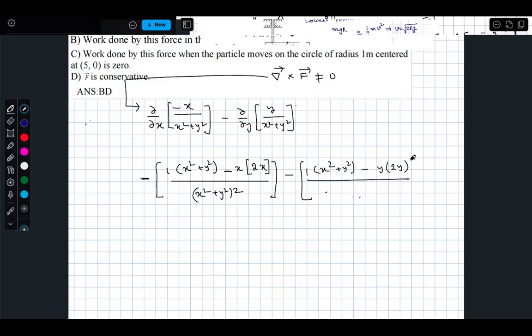Partial differentiation, you will treat the other part as a constant. You are doing dou by dou x, so the y part is a constant for you.